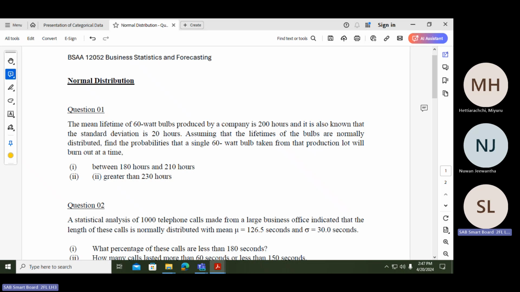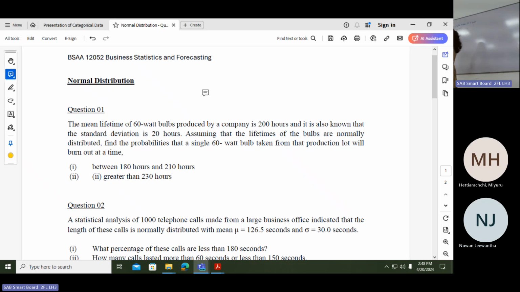Okay, the first step, we want to define what is X. X is the lifetime of a bulb. Then X is normally distributed.